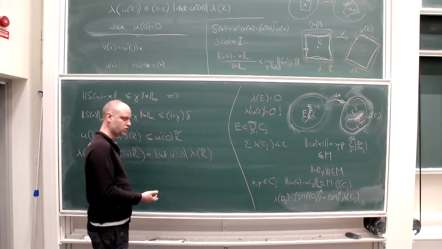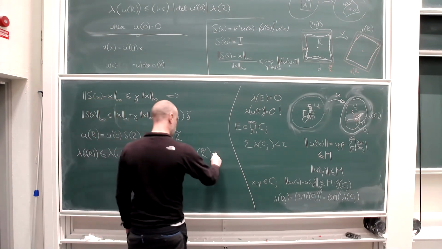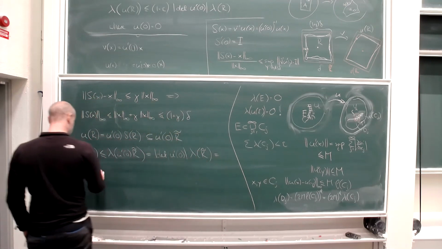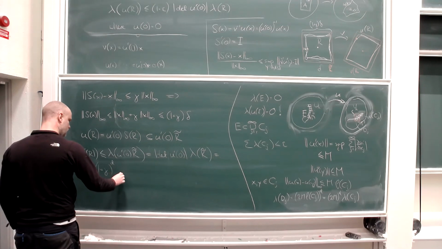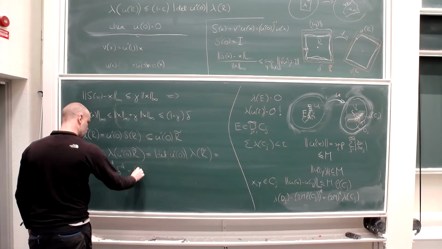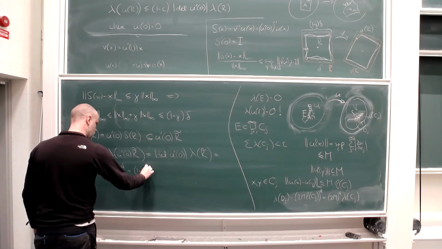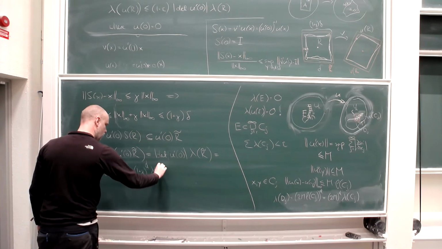But R theta is just a multi-cube whose side length we know. So this is (1 plus gamma) to the power of D times delta to the power of D, or in other words, (1 plus gamma) to the power of D times the Lebesgue measure of R.